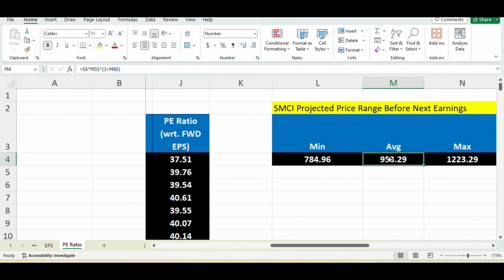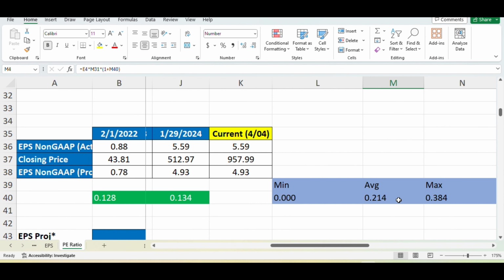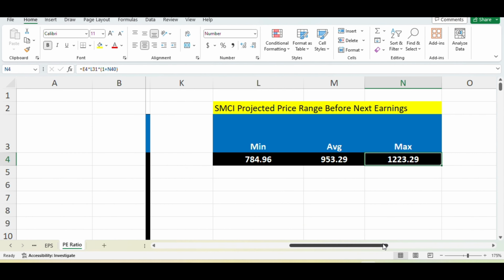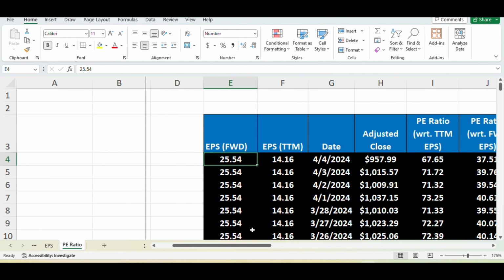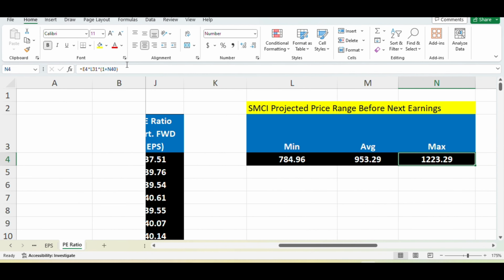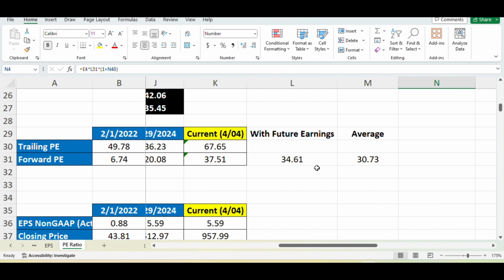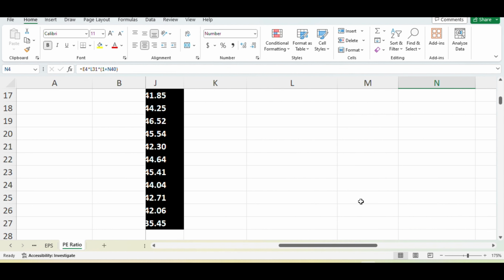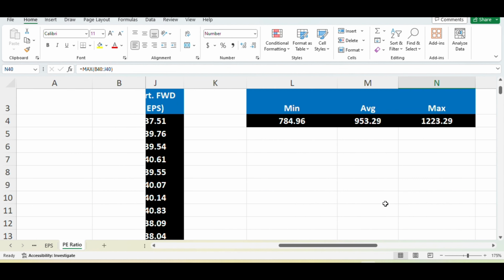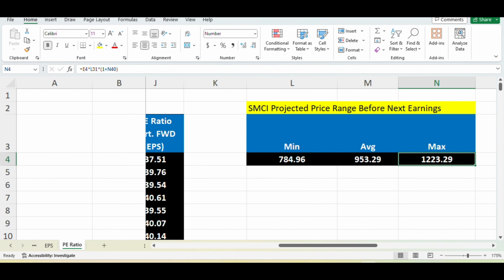And then the third factor is M40, that is the average earnings surprise for the last 9 quarters. For the maximum, same thing, EPS forward, and then L31. I'm using the forward PE with the future earnings, the next 4 quarters' earnings. So that gives me 34.61, and then the maximum earnings surprise, and that gives me 1223.